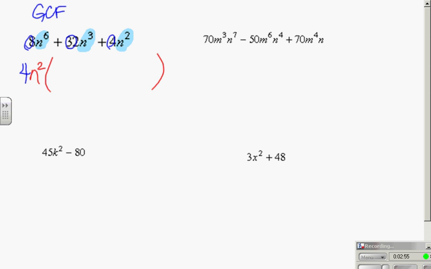So in the same way, remember when we take these out, greatest common factoring is the opposite operation of the distributive property. So when we do the distributive property, we're multiplying. So to undo it, we have to remember we're dividing.